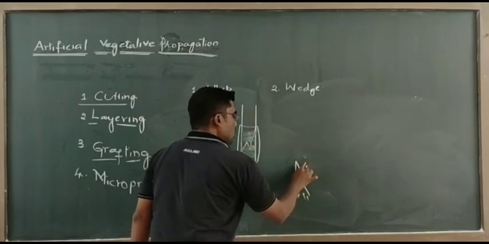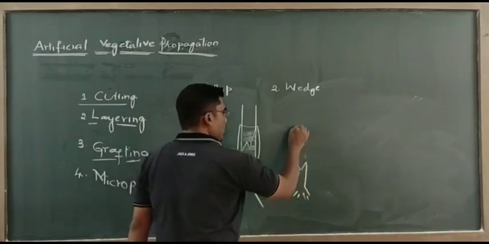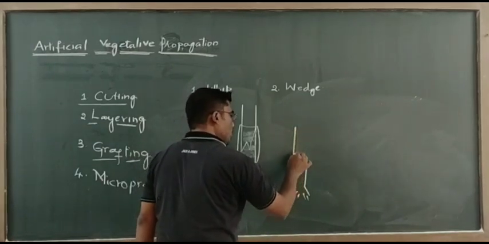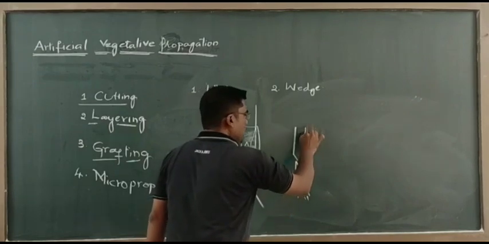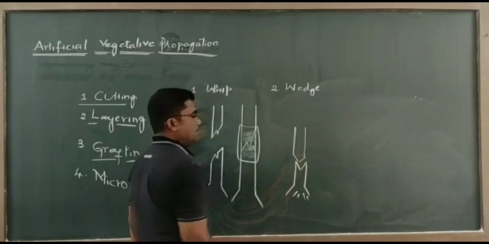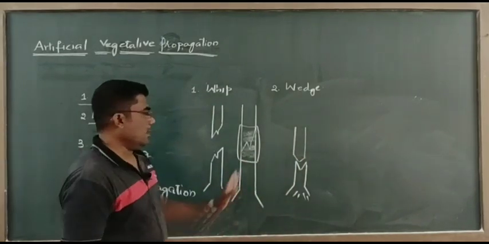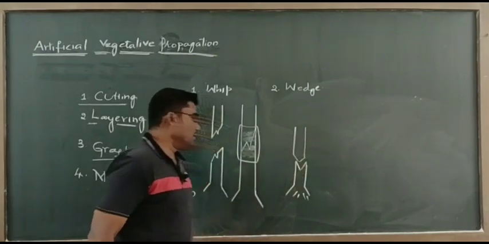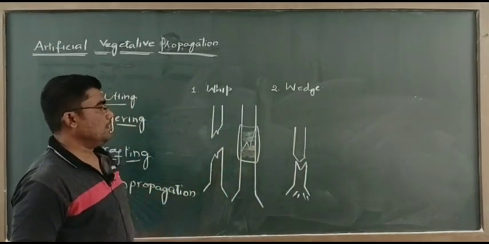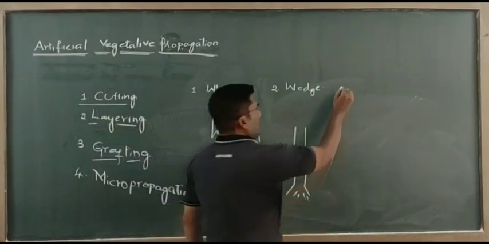A V-shaped notch or cut is made in the stalk, whereas in the scion a wedge-shaped cut is made and both are fixed. Again grafting clay is applied and the grafted part is covered with the polythene cover. The third one is bud grafting.